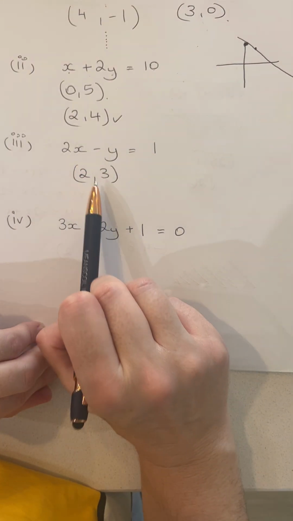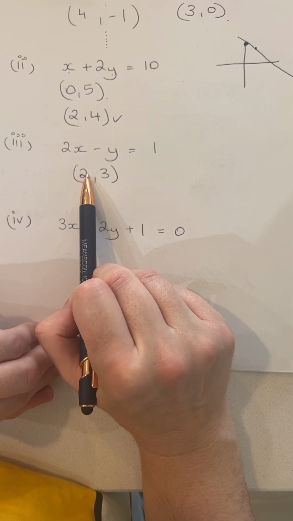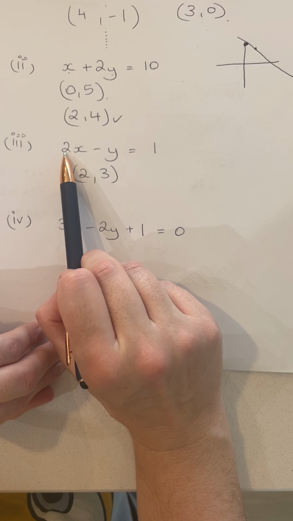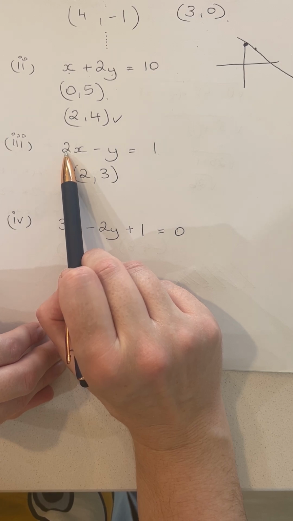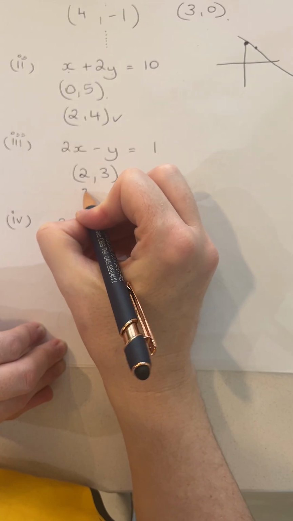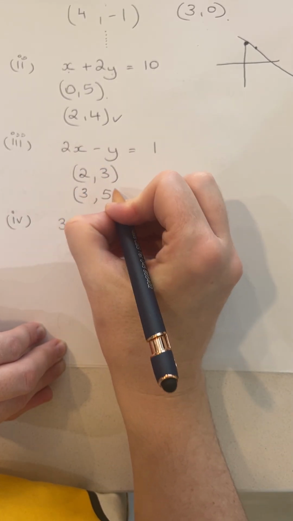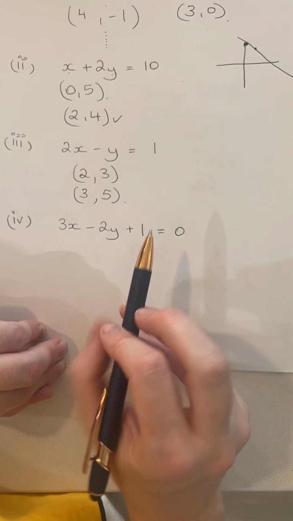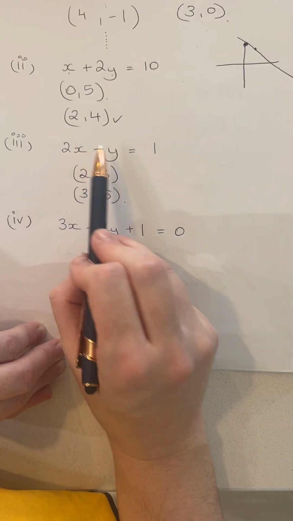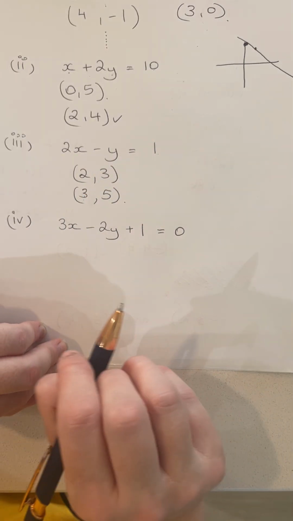Let's just check it out. 2 times the x, so 2 times the 2 is 4, minus a 3 does give me 1. (3, 5) I think works. 2 times the 3, 2 times the x value, minus the y value does give me 1, and so on.